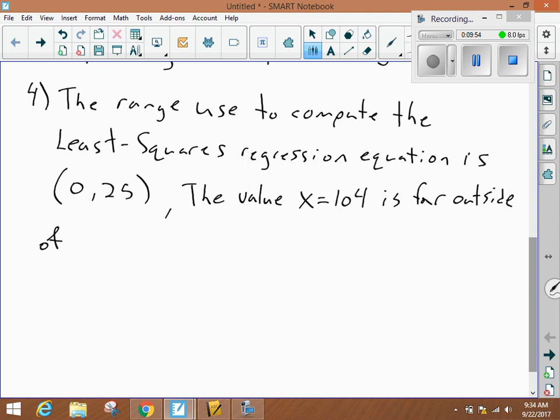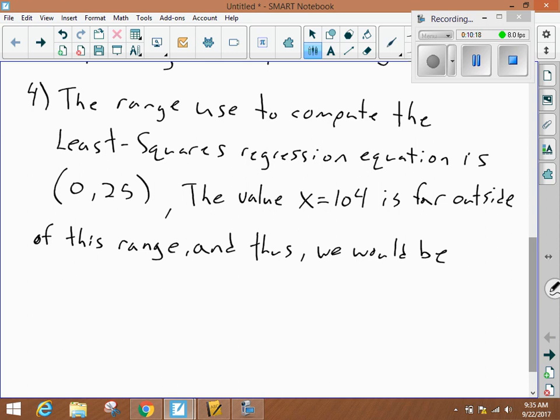I didn't even mean to do that. Hold on a second. I almost started writing this range. And thus, we would be extrapolating.